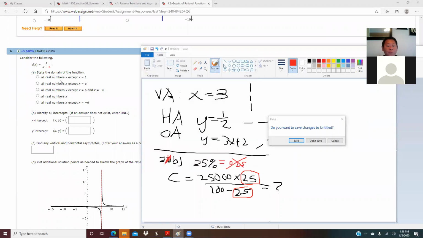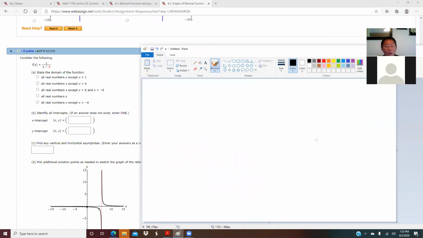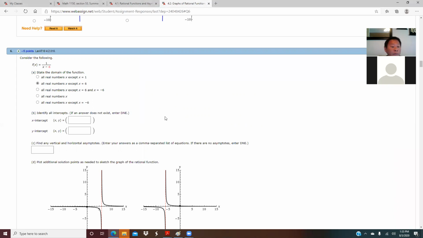Question 6, what's the domain? All real numbers except x equals 6. Yes, because you take your denominator and make it equal to 0, and that's where you get your 6. So yes, B is the correct answer in this case.